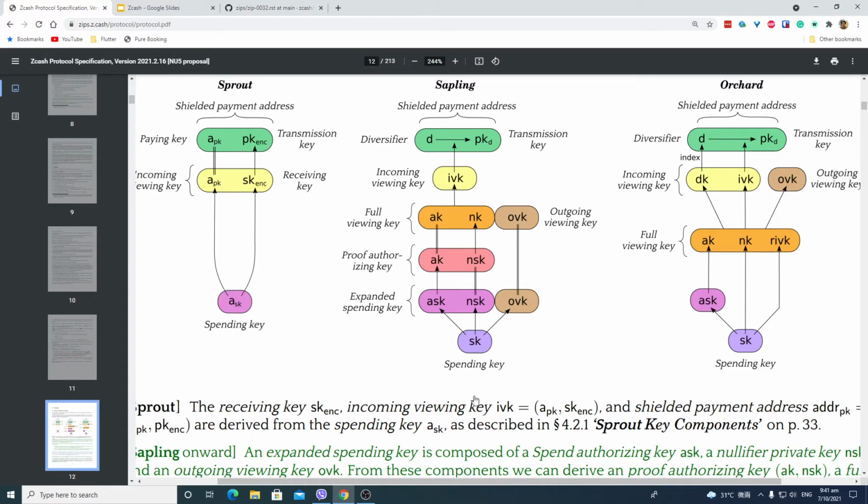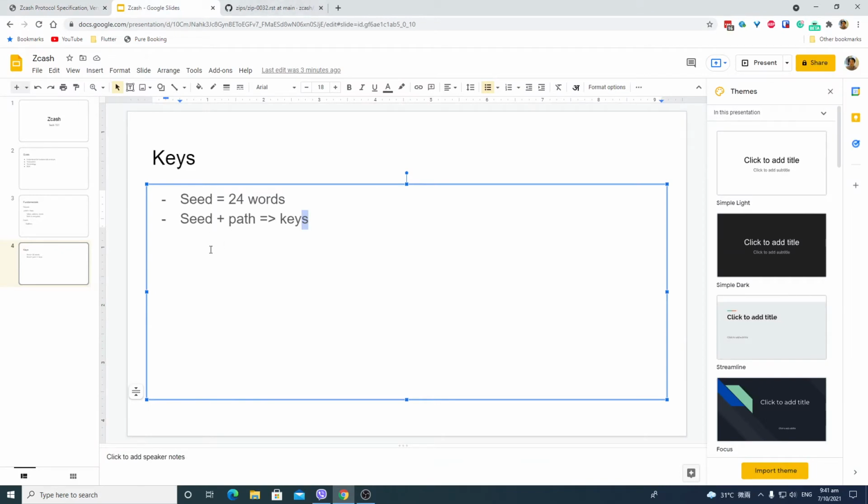That's why we were saying that this documentation, ZIP 32, really only leads you to the first key, right? Because that's a standard that comes pretty much from Bitcoin. So it goes to one secret key, and then from that secret key, you can derive a bunch of other keys. And that is described here.